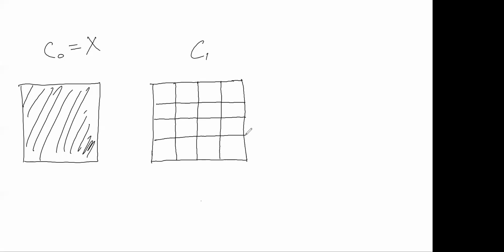So I've partitioned this into 16 little squares, and I'm going to pick some of them. I'm going to pick 4 of them. Let's say I'm going to use this one, this one.